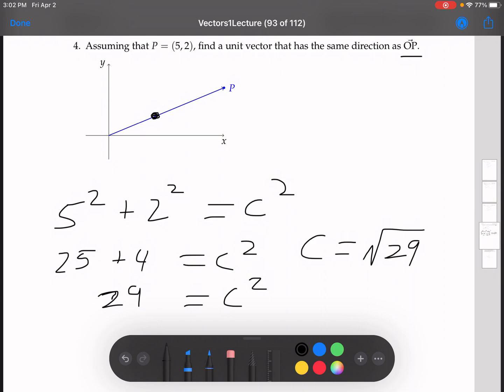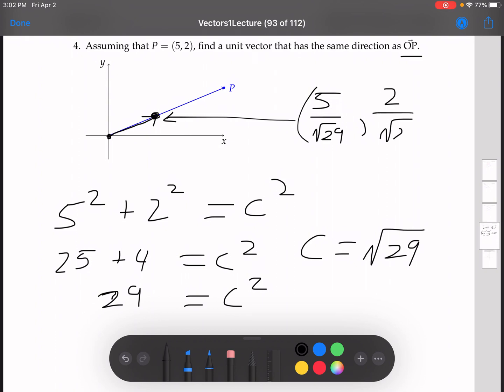What will this point be? This will be 5 over root 29, 2 over root 29.